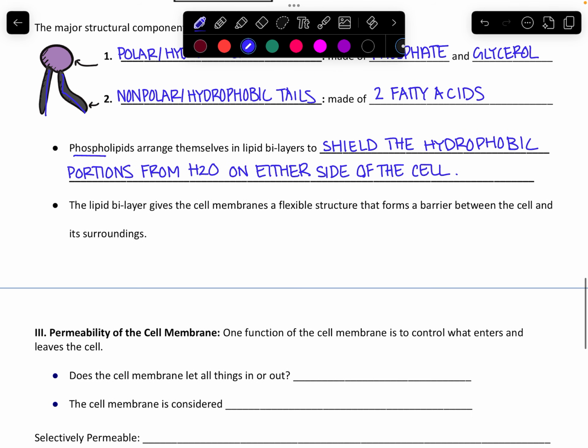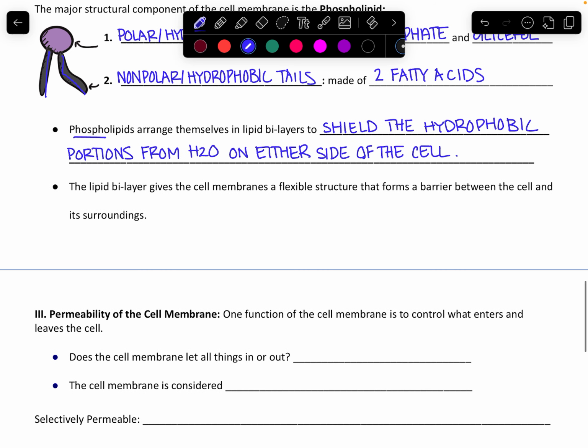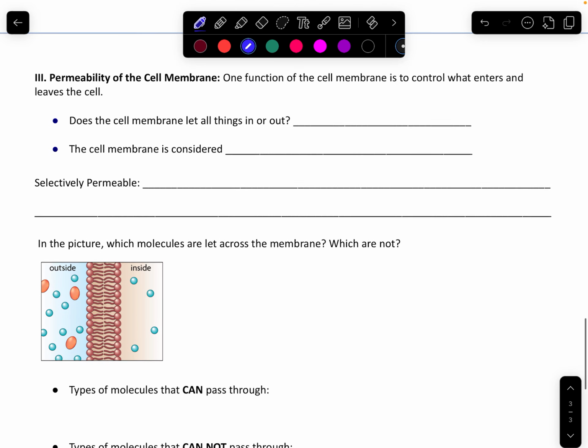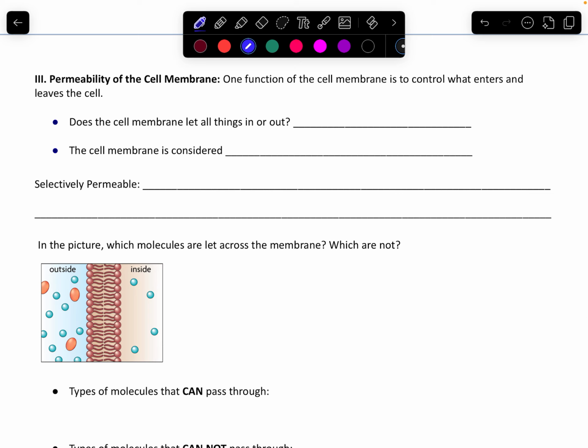So again, it's a flexible structure, forms a barrier between the cell and its surroundings, and it's filled with proteins and cholesterol and a whole bunch of things, okay? Now, that's our overall structure. Our overall function is to control what is entering and leaving our cell. So we should know, does the cell let every single thing in or out? No. It lets only some things in, and it doesn't let other things through.